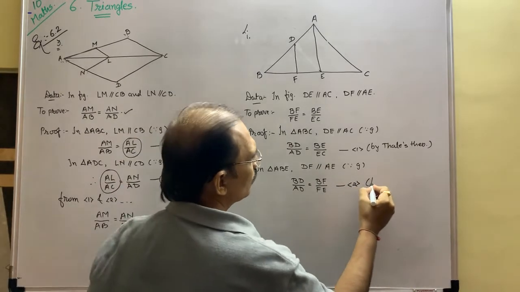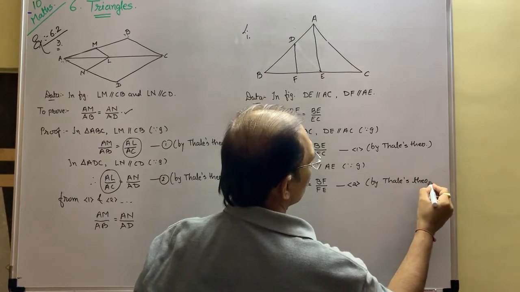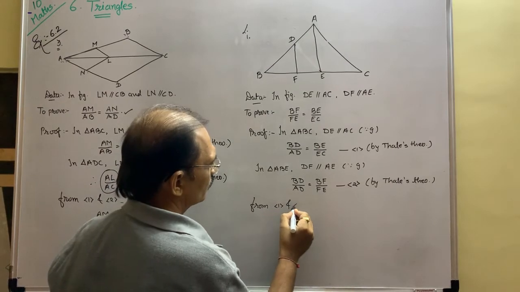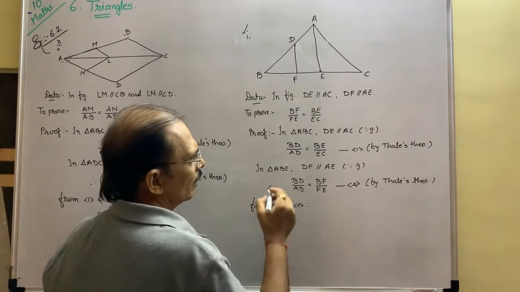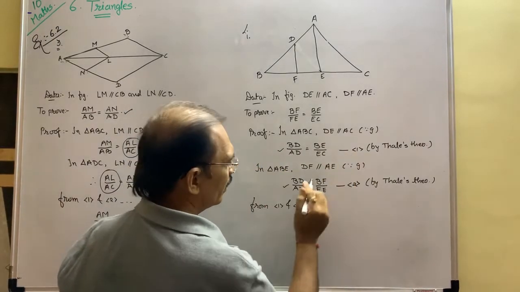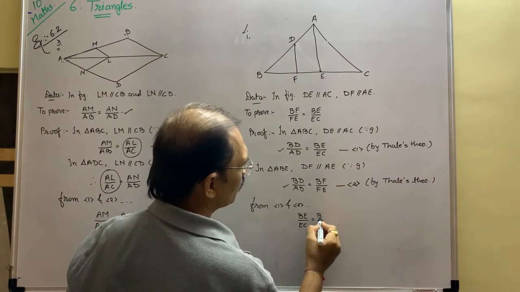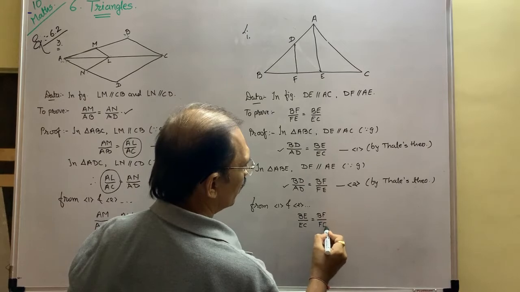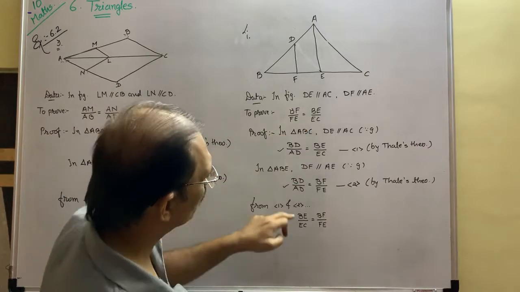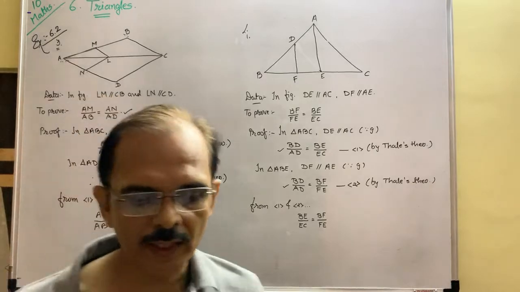Result number 2 by Thales theorem. So from 1 and 2, BD upon AD is the same, so left sides are equal. So I can write right sides are equal: BE upon EC equals BF upon FE. See here, BF upon FE is equal to BE upon EC. Hence, proof. Number 4.